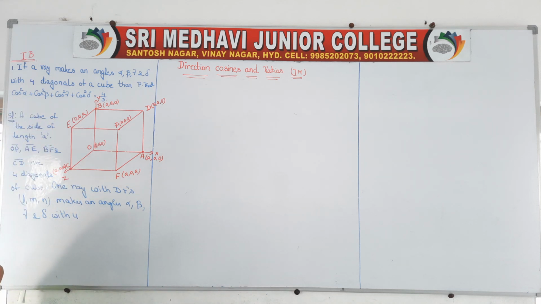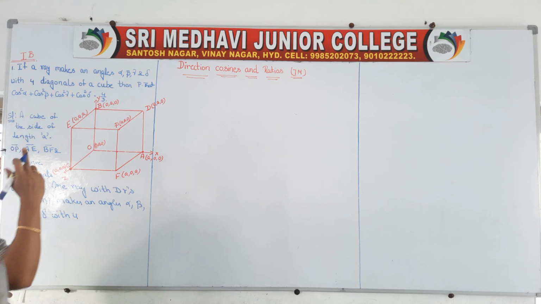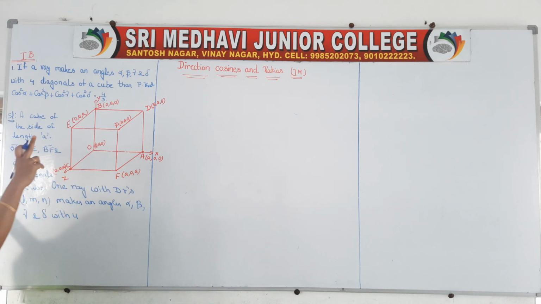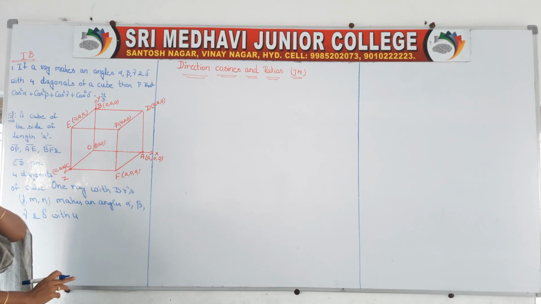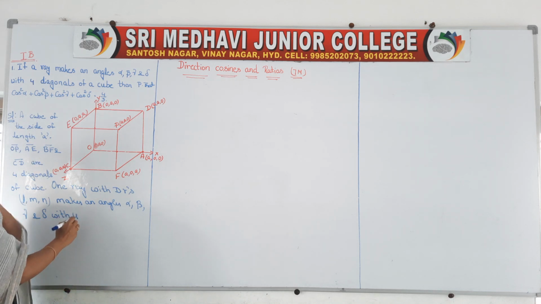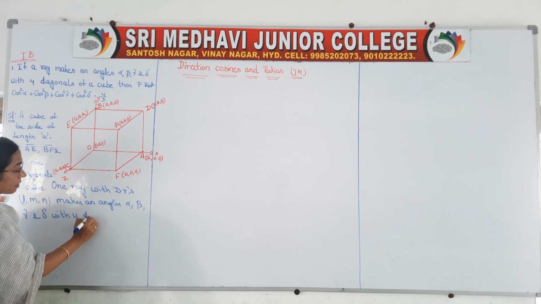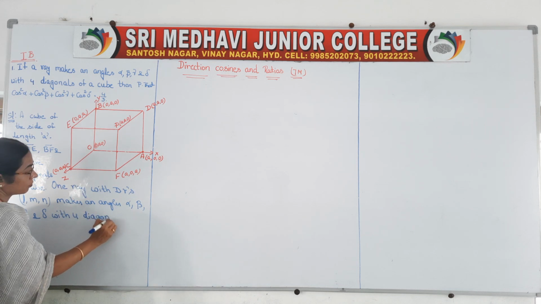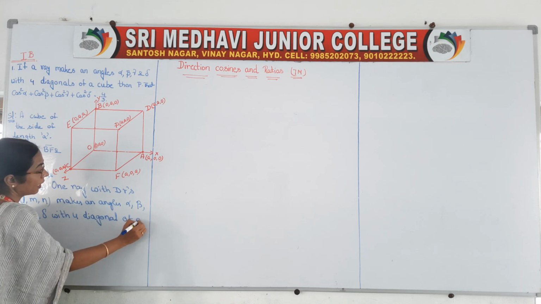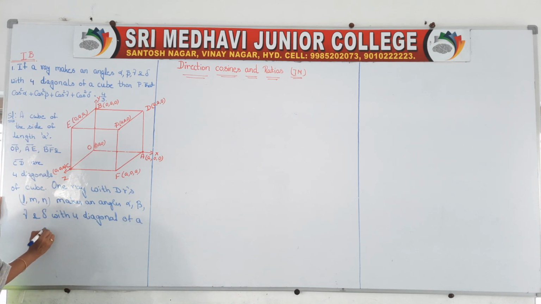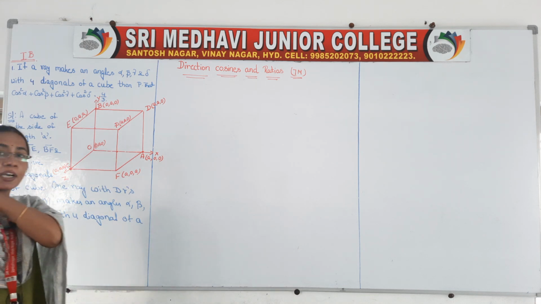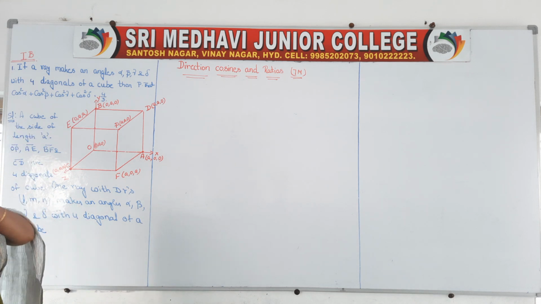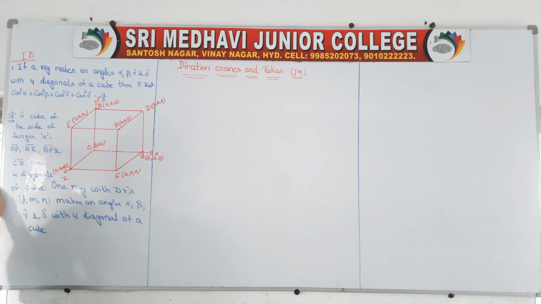It is given in the question, right? One ray makes angles alpha, beta, gamma, delta with the 4 diagonals of a cube. So we have to show that cos square alpha, cos square beta, cos square gamma plus cos square delta is equal to 4 by 3.